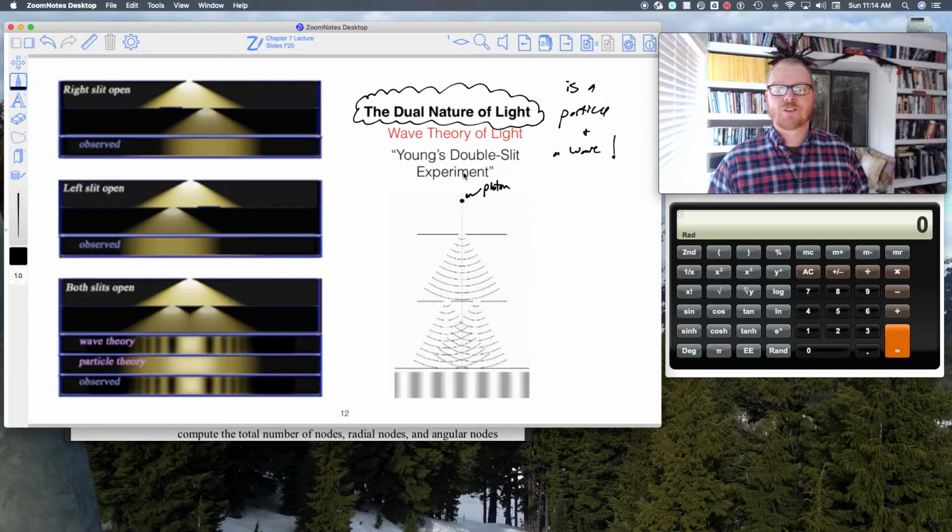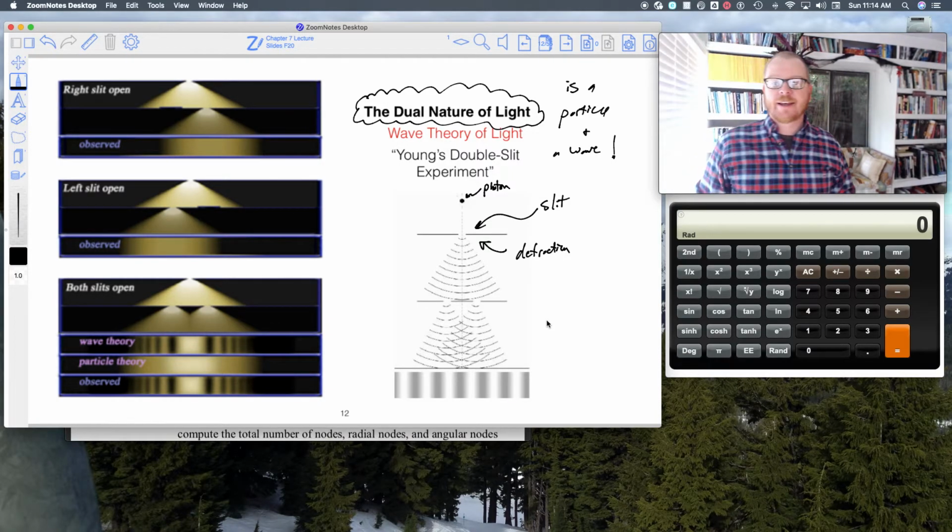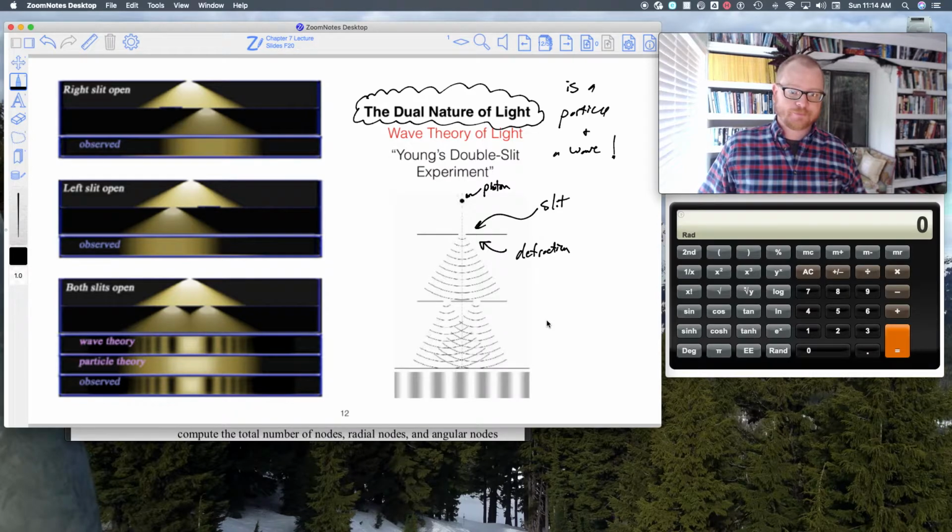As it passes through a slit, which is just a narrow opening, light does what's called diffraction. We talked about refraction, but now this principle of light spreading out as it goes through a narrow opening is called diffraction.